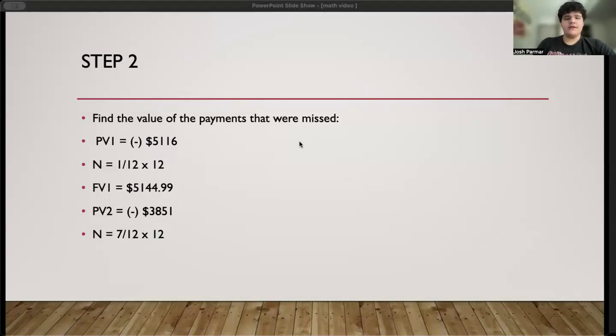All right, perfect. And since it's the same I/Y and C/Y, we don't have to change those. So we can go right into computing the future value, which is 4,006 and 38 cents. And I already have that here, of course. The next thing we're going to want to do is calculate how much these are together.